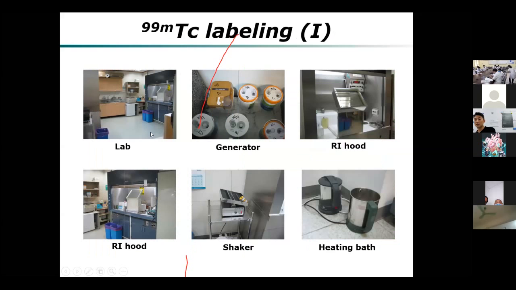This is the basic facility for labeling these radioisotopes. This is the lab, and this is the generator system. This is for checking the TLC, and a shaker and heating bed are used for the labeling conditions.